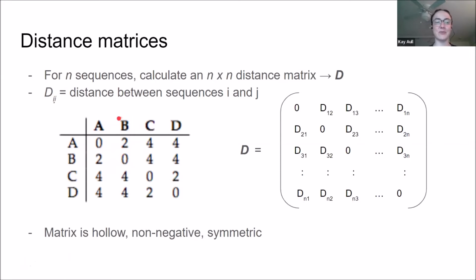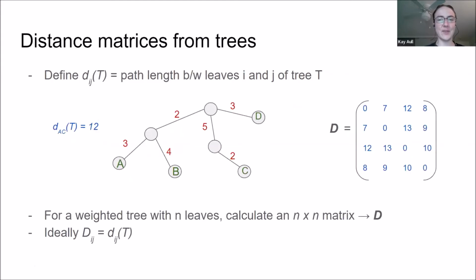You have some scoring function, but for this to work, all you really need to know is that if you have a distance of 2, those are more closely related than if you have a distance of 4. That is the only property that you need to have.